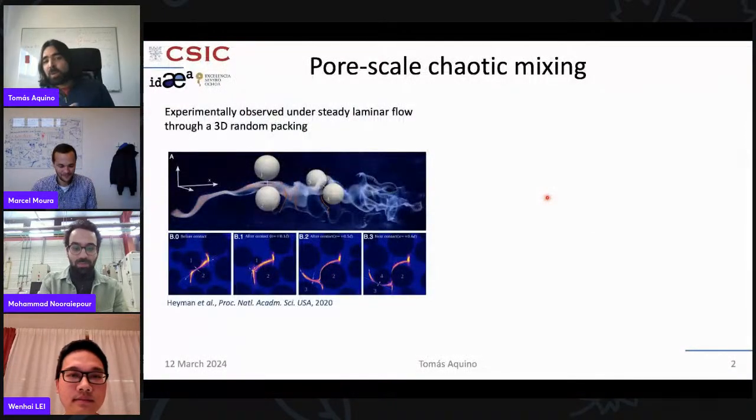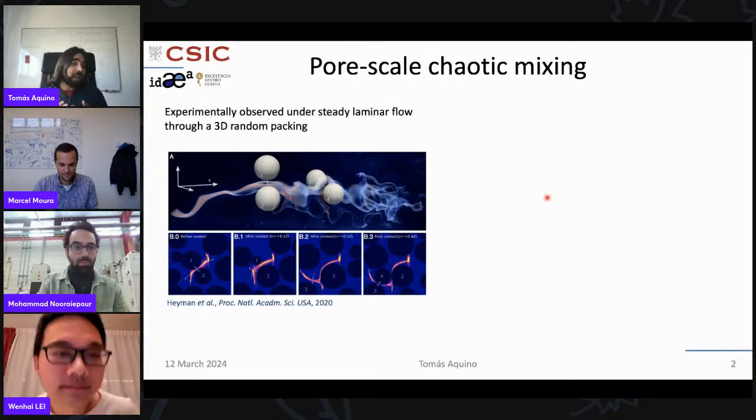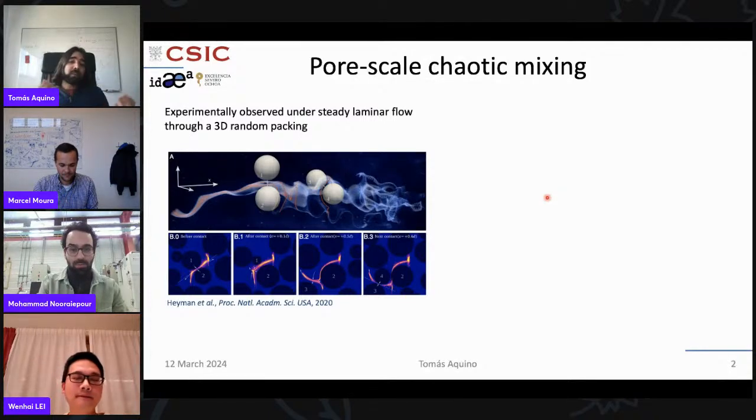Today I want to tell you a bit about how chaotic advection impacts fluid-solid reaction in porous media. The first question is, what is chaotic advection? The key characteristic of chaotic advection is the exponential divergence of nearby trajectories as a tracer gets advected by the flow.